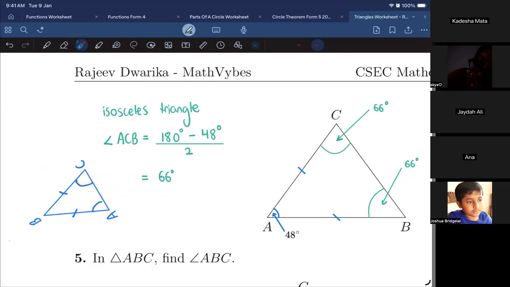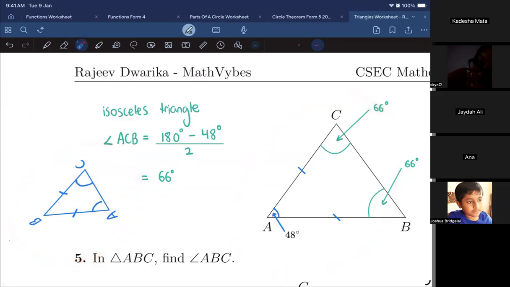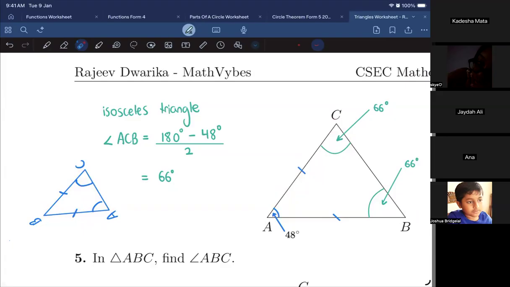Right, so watch. Look at this diagram and look at this diagram. Equal side here, base angle over here, and base angle over here. Equal side over here, equal side over here, base angle over here, and base angle over here. If I were to take this diagram and draw it upright, you'd see it better.